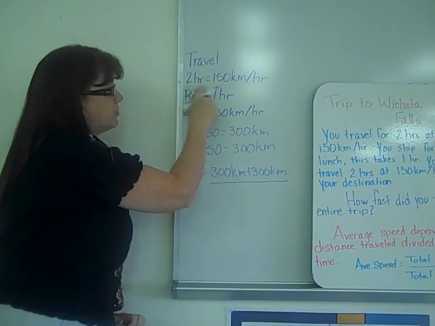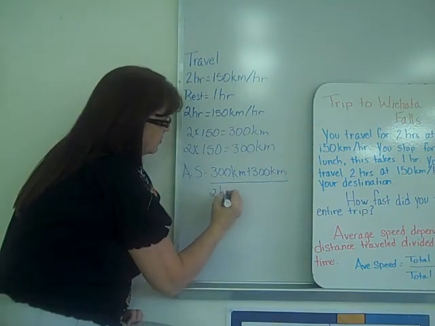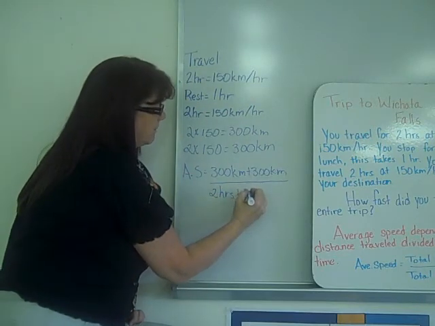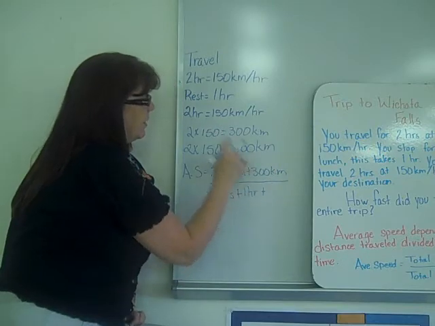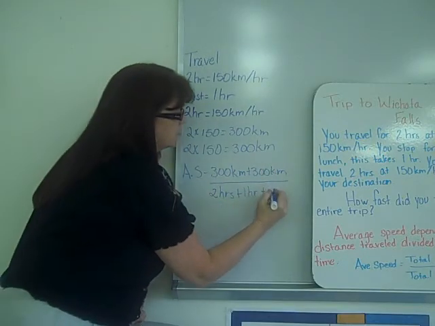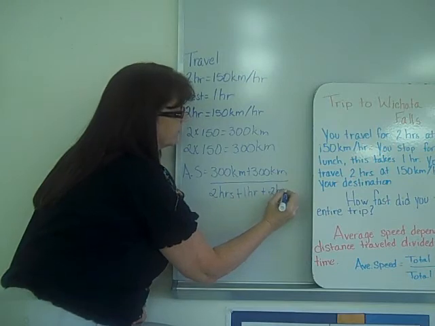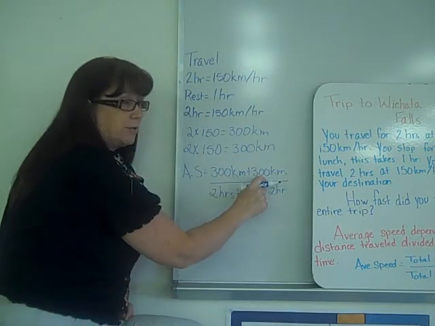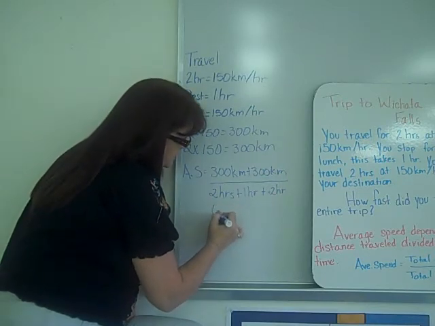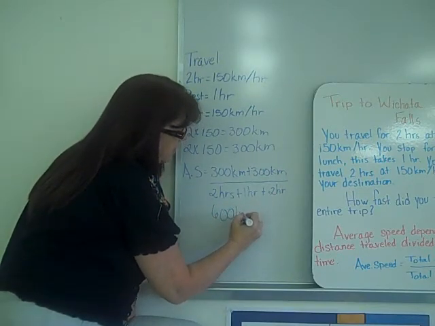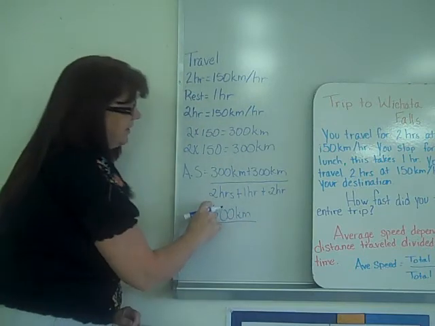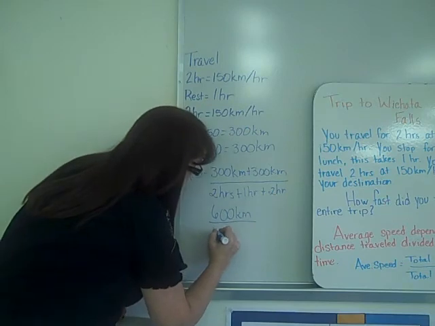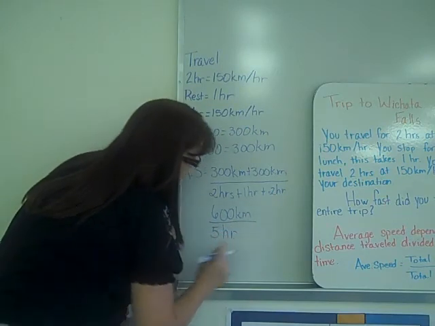So I drove for 2 hours, I rested for an hour, and then I drove for another 2 hours. All right, let's shorten this. 300 plus 300 is 600 kilometers divided by 2 plus 1 is 3 plus 2 is 5. So 5 hours.